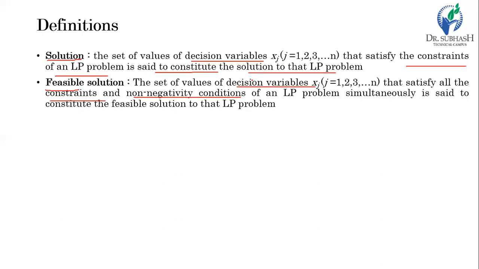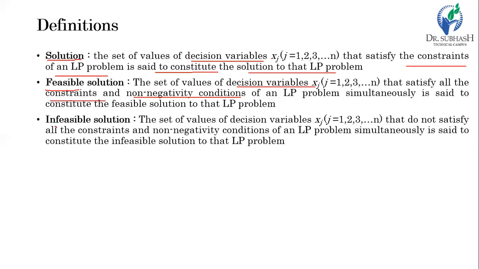But whether the solution is feasible or not is decided by these two conditions. Only in that case is the solution called a feasible solution, and we will always go for a feasible solution. In layman's terms, a feasible solution is a practically possible solution.